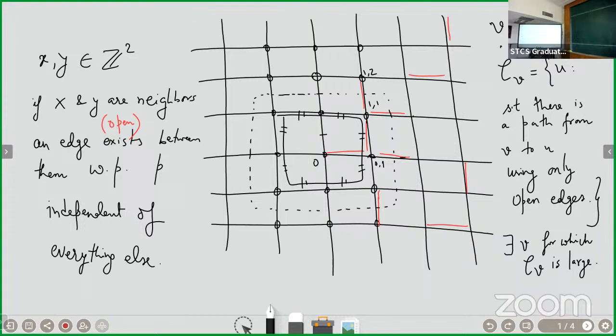Because in the translated lattice, there are edges intersecting each other. If your bounding box idea is going to work, you need something very specific.